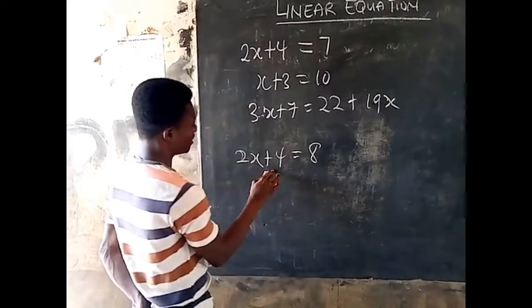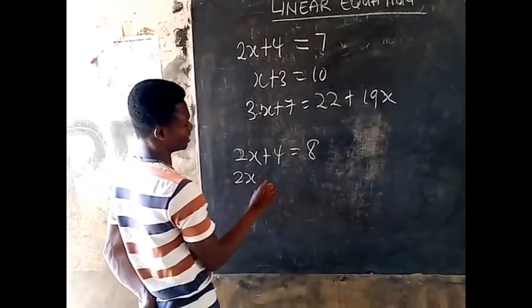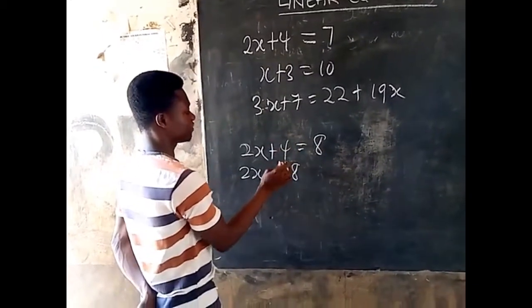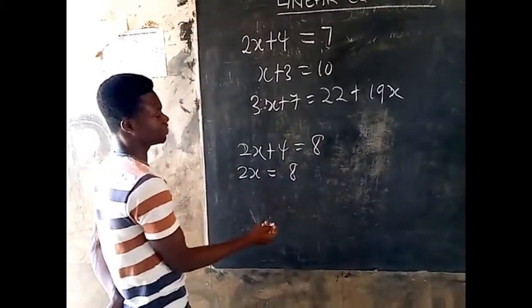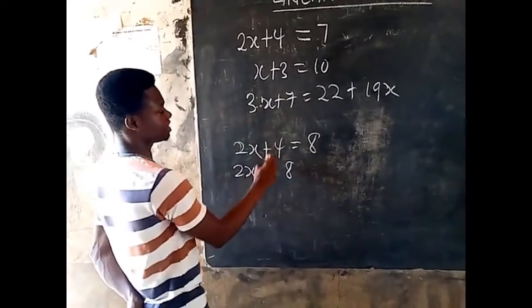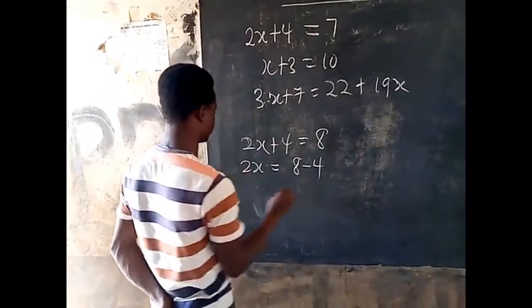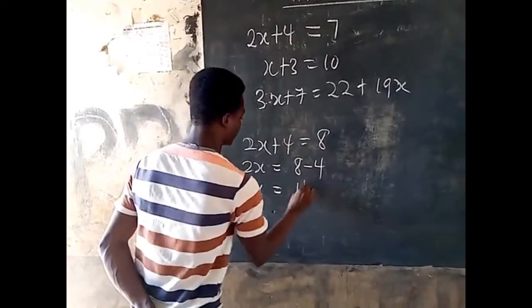So we need to group like terms. We maintain our 2x here, and then we write our 8 here. 4 is a whole number without any letter attached to it, so we move it to where the 8 is, and because it's positive, when it crosses the equal sign it becomes negative, so we get minus 4 here. 2x is now equal to 8 minus 4, which gives us 4.